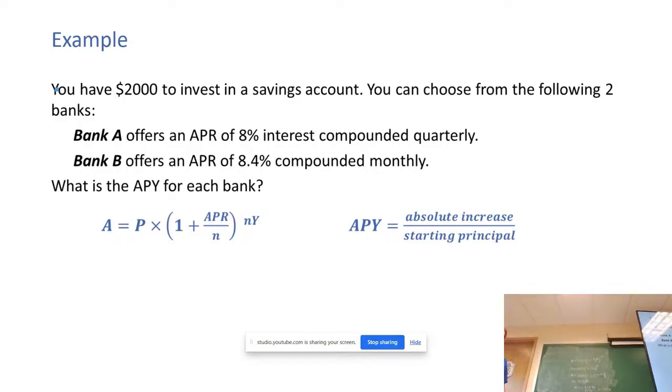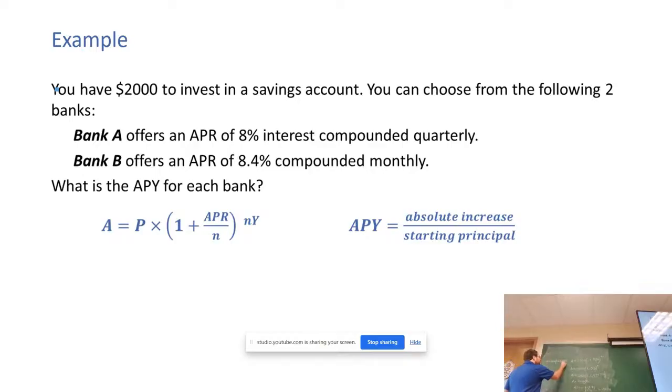So we have that. The second one, Bank B, offers an APR of 8.4% compounded monthly. So 2,000 times 1 plus 0.084 divided by 4. If we're compounding it monthly, what would N be there? Would that be 12? Yeah.